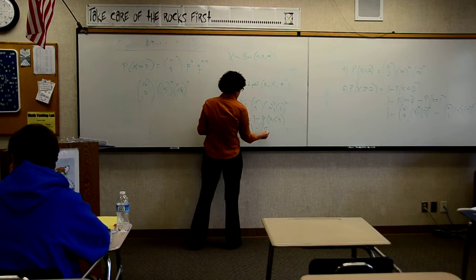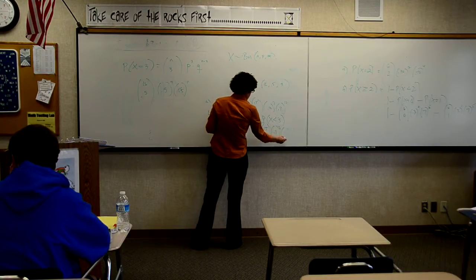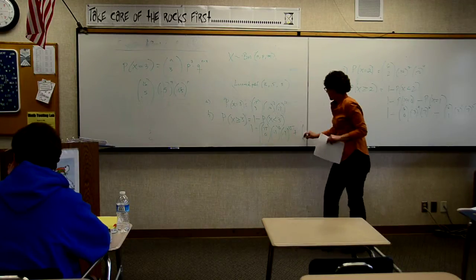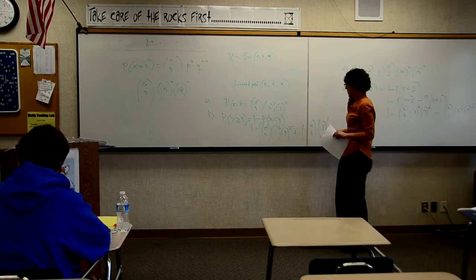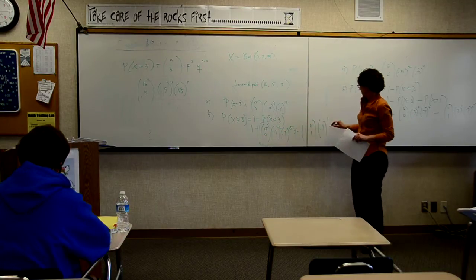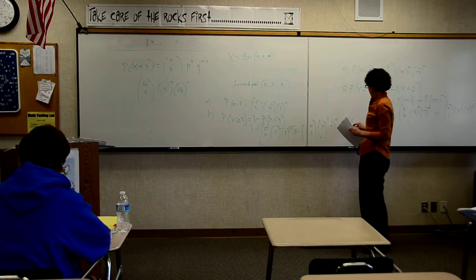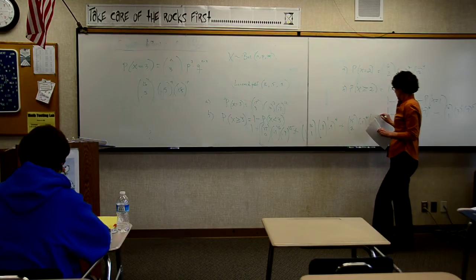15 choose 0, 0.1 to the 0, 0.9 to the 15, plus 15 choose 1, 0.1 to the 1, 0.9 to the 14, plus 15 choose 2, 0.1 to the second, 0.9 to the 13.